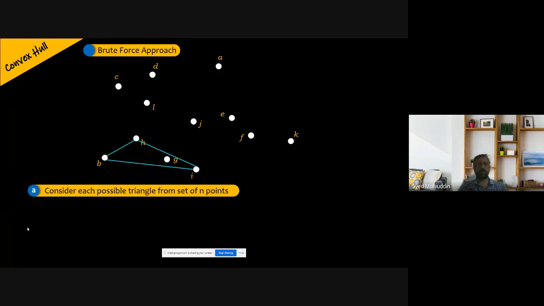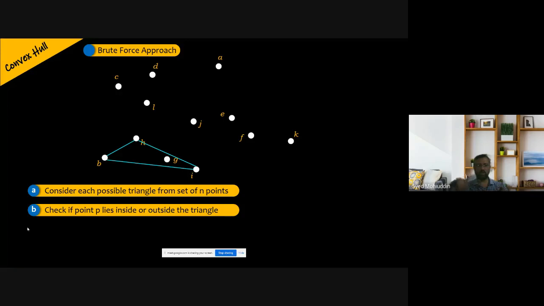Let us assume that we have the points B, H, and I. Now this forms a triangle. If a point lies within this triangle, that means it's not an outer point, not an outer vertex. It's an inner vertex. So we will check if any point lies inside or outside this triangle.